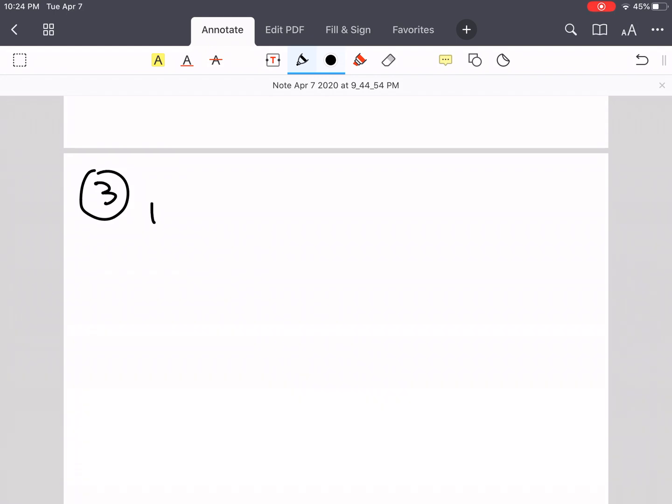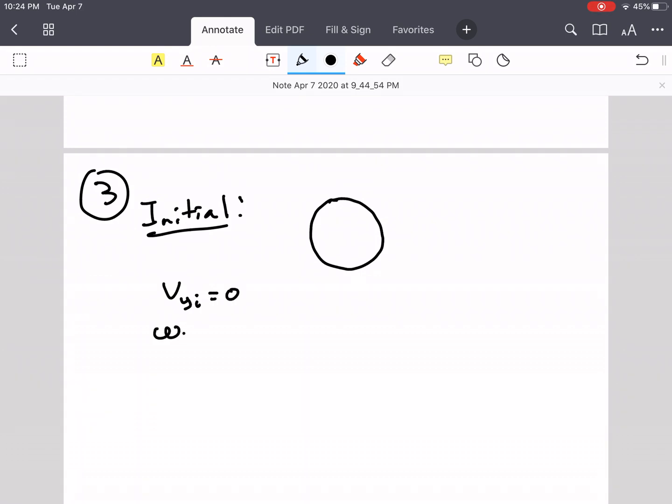So from conservation of energy, I want to write an initial state, and I want to write a final state. So the initial state is what's shown in the figure. I have my yo-yo with an ideal string wrapped around it. It is not moving. Velocity initial is 0. Angular velocity initial is 0, using my usual coordinate system.